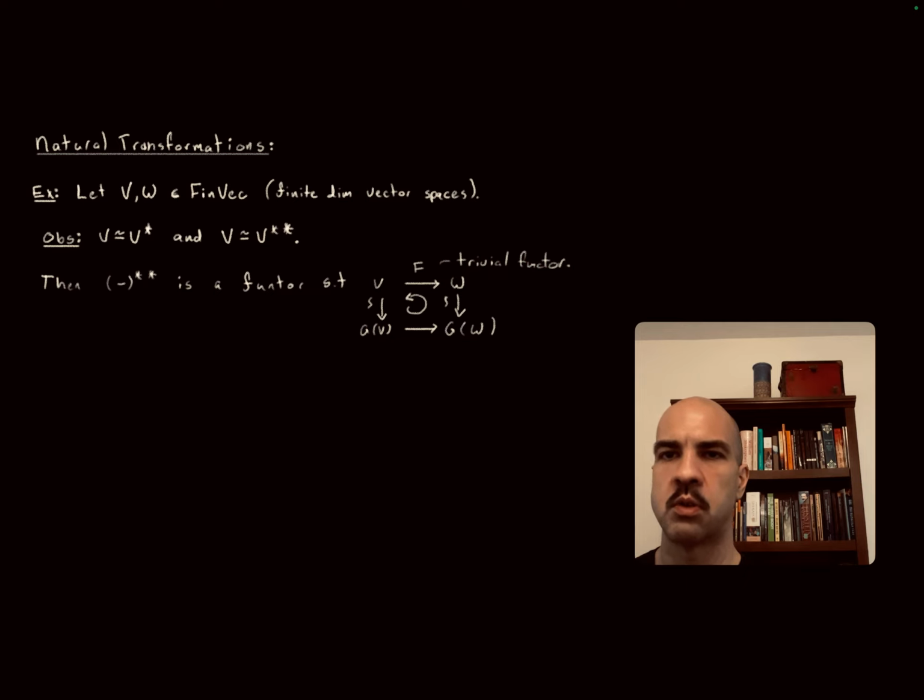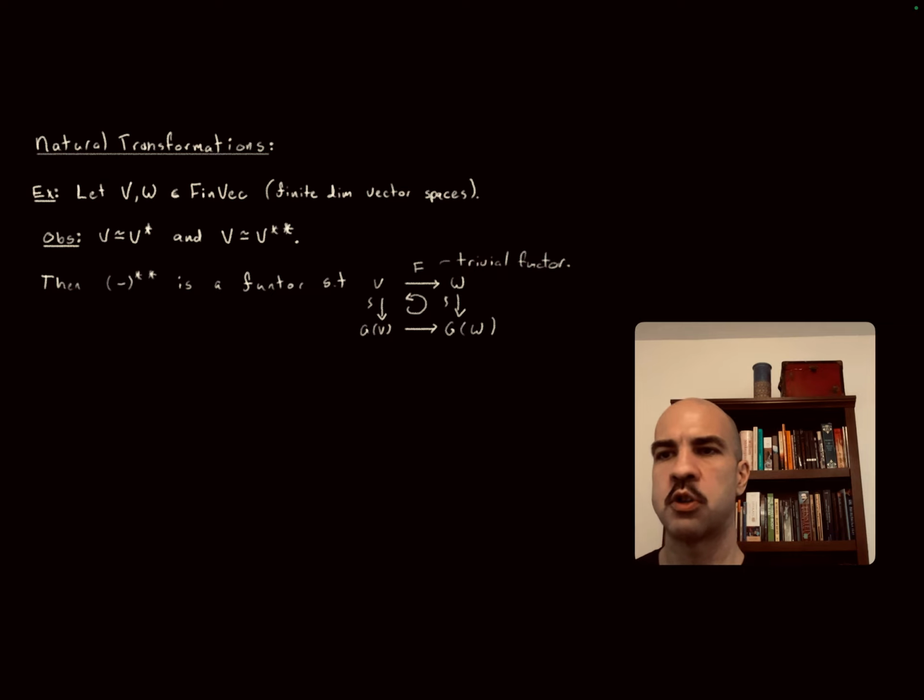So what we're going to do is define this functor where you take the double dual of a vector space. Sometimes we write functors like this where we apply the operation to some empty variable, with the hyphen inside of the brackets. That just means that we're going to apply it to V or W. And then we get this trivial functor where we just go back to the vector space itself.